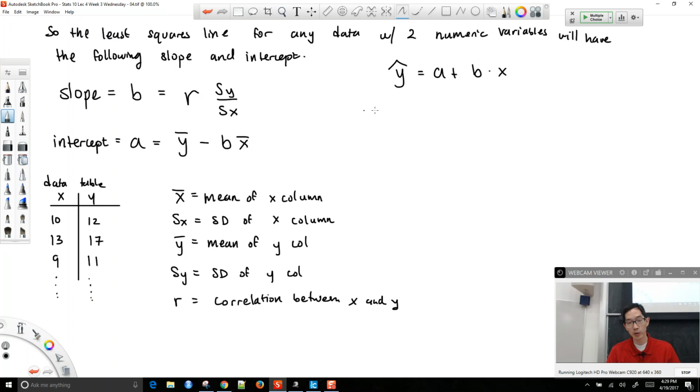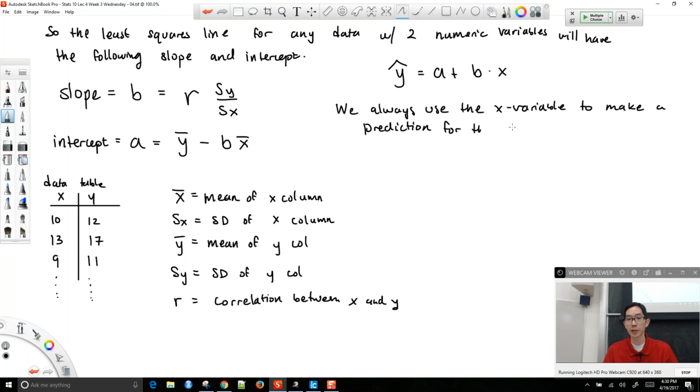So when thinking about which one is x and which one is y, we always use the x variable to make a prediction for the y variable.